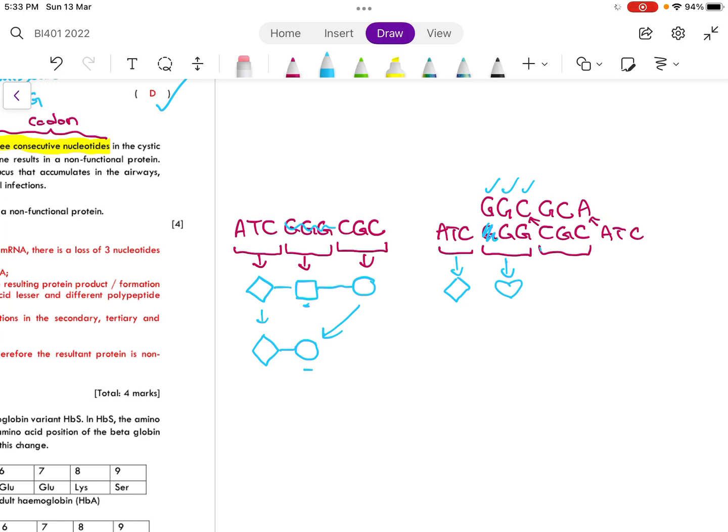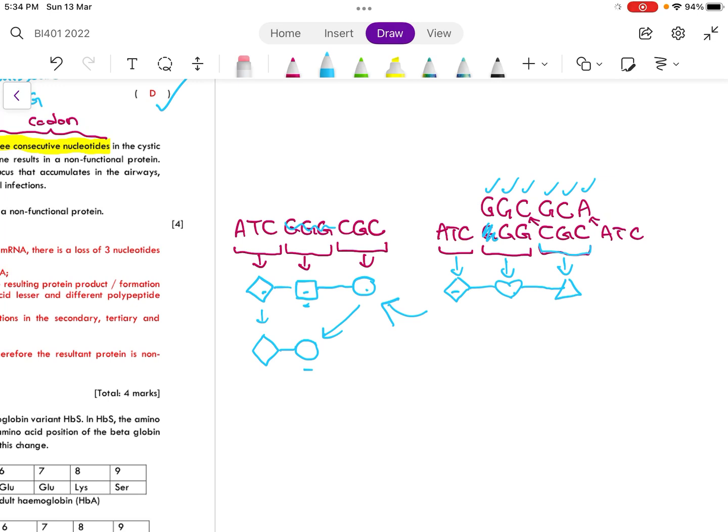Originally we read this as CGC, but now, because of the frameshift mutation, we read it as GCA. And this may result in yet another amino acid, maybe now it's a triangle amino acid. As a result, the polypeptide I formed is vastly different from the original. The original was a triangle square circle. Now it's a triangle heart triangle.